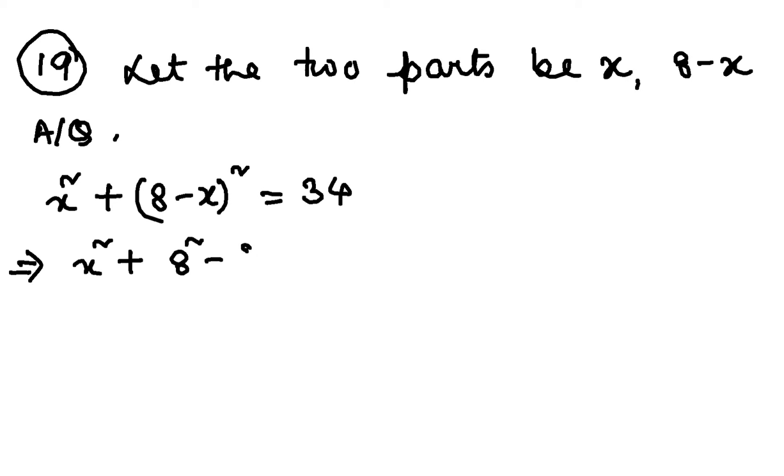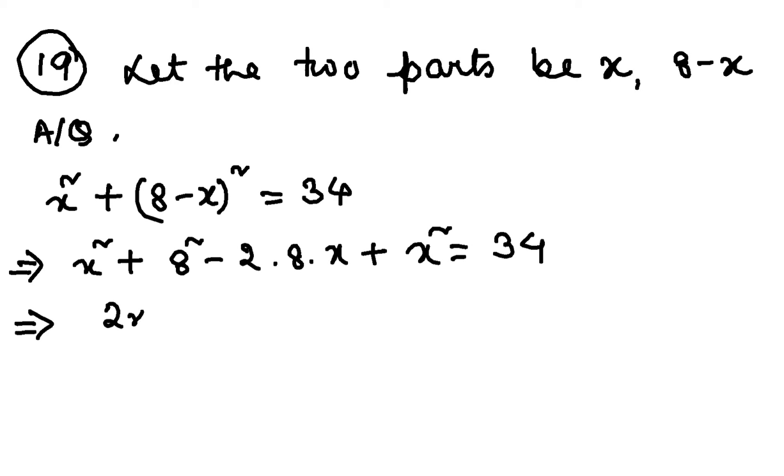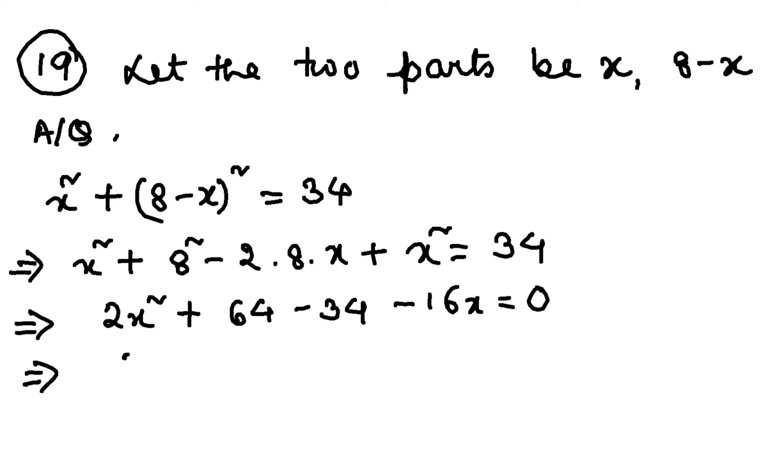So a square minus 2ab plus b square equal to 34. Now this will give us 2x square plus 8 square is 64, minus 34 will come here, minus 16x equal to 0. So this will give us 2x square minus 16x plus 30 equal to 0.